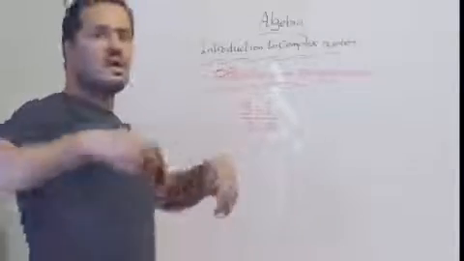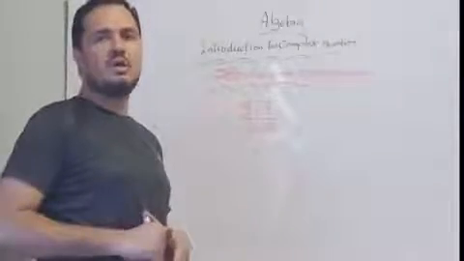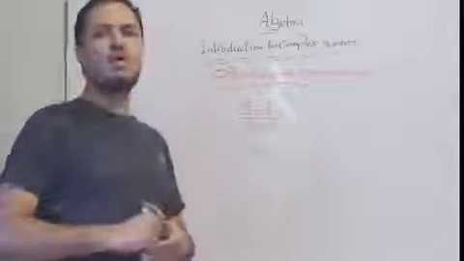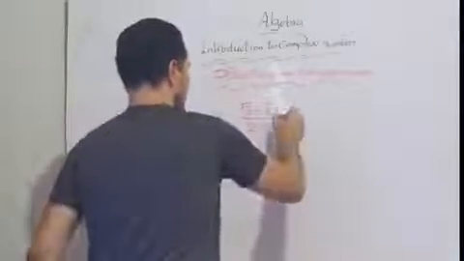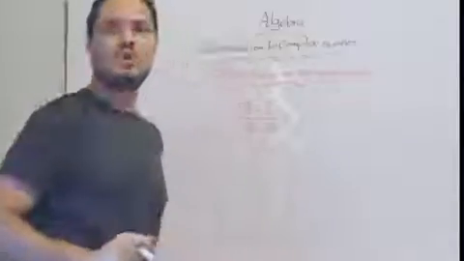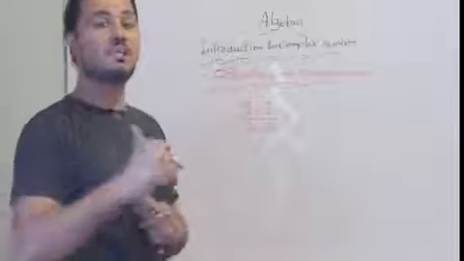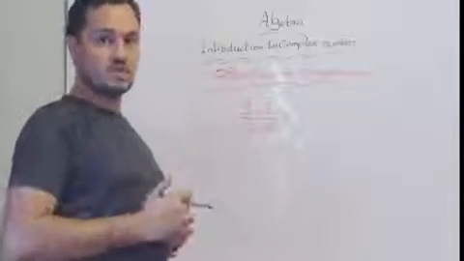To erase the imaginary part in the denominator, in the imaginary case we multiply by i, but in a complex number, we multiply by the conjugate, which we studied before this section, okay?